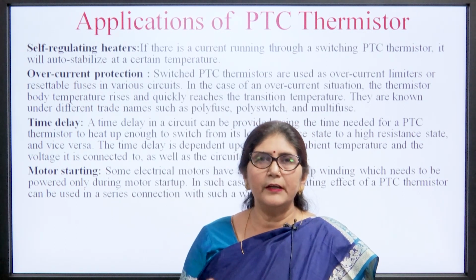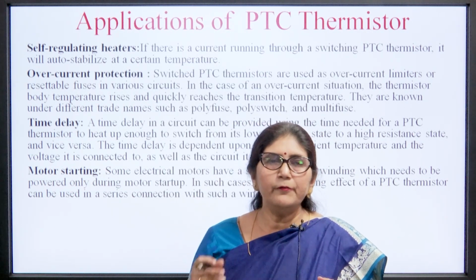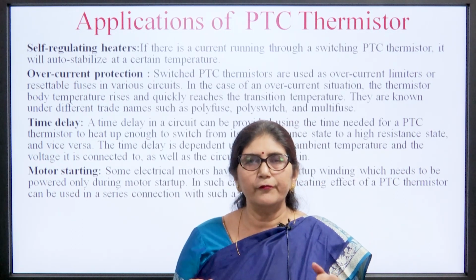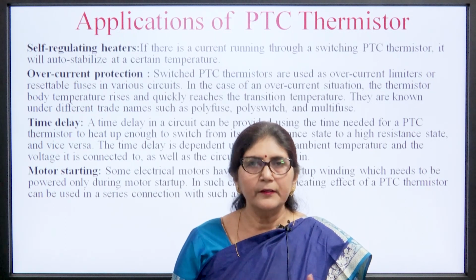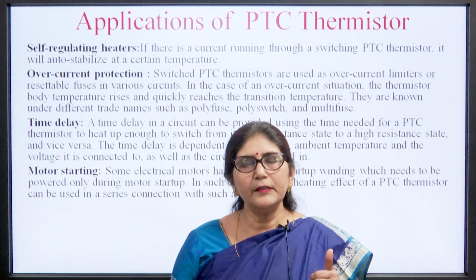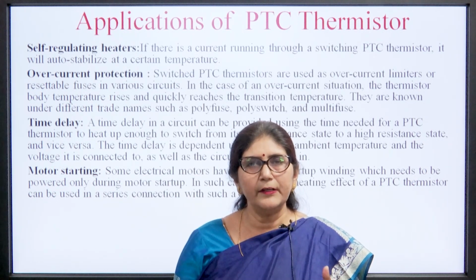Then time delay. When we need a delay time, like in a fluorescent lamp, we need a small current flowing through the fluorescent to ignite it. For this purpose we are using a PTC, and when the PTC gets heated, the current will decrease.